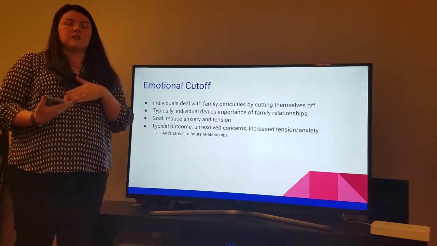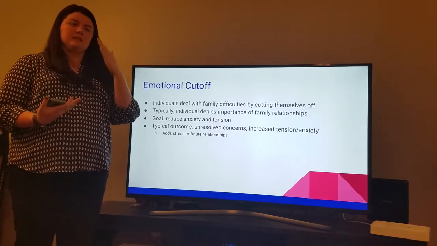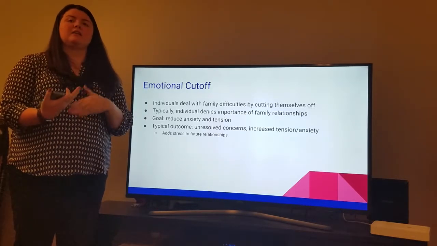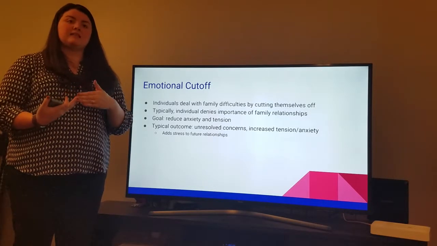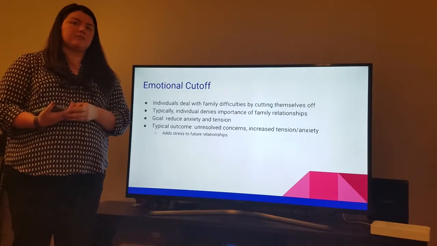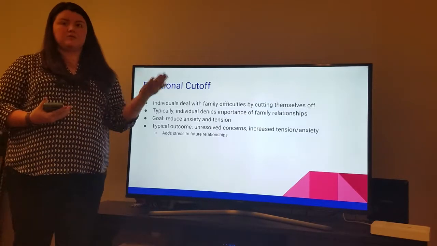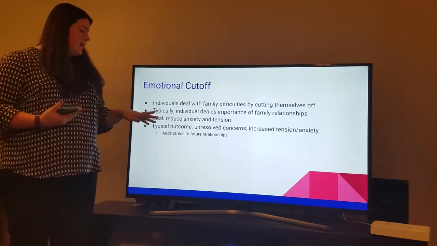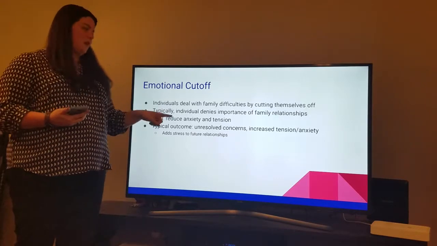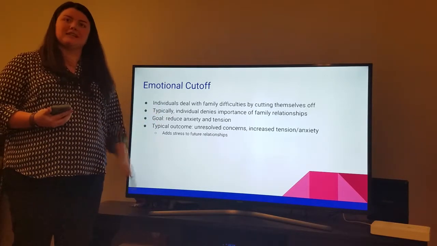If you're emotionally cut off from your mother, then if you have a child, it could cause issues in that child. Either you're overly attached or you distance yourself from your child as well because you saw issues with your parents. So it adds stress to future relationships, even though you thought you were getting out of the tension and anxiety.